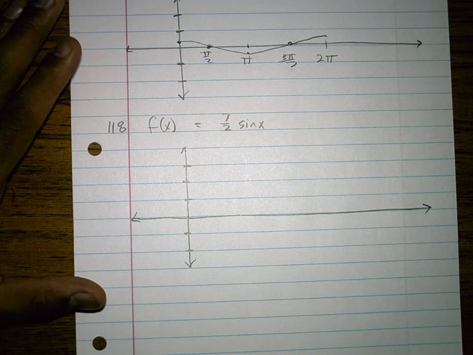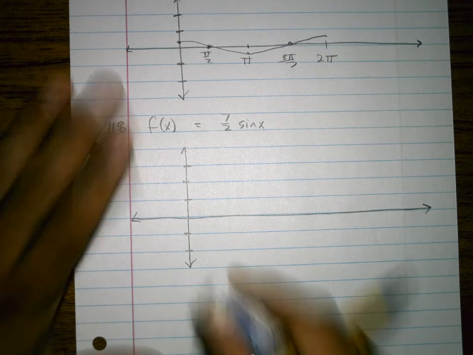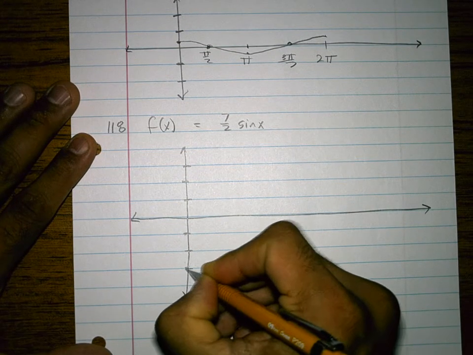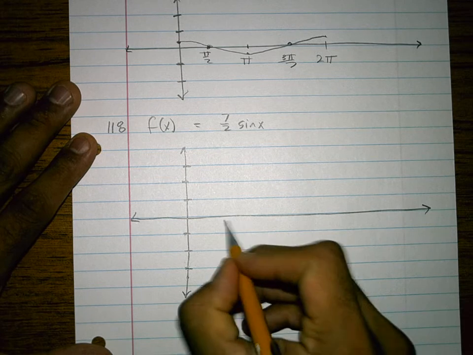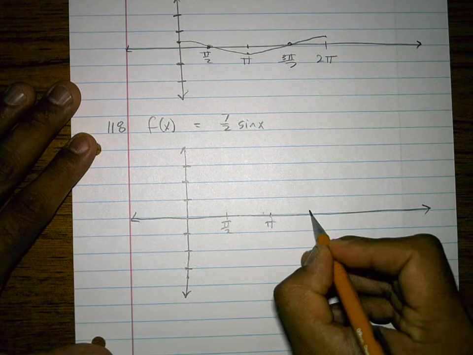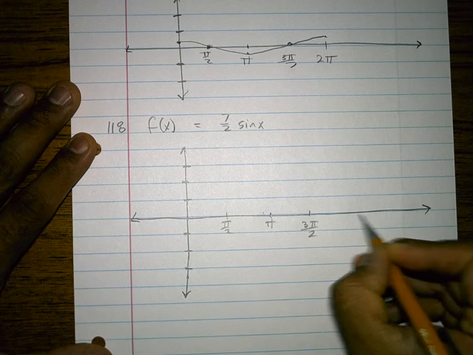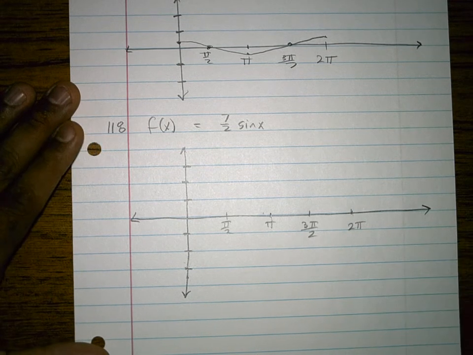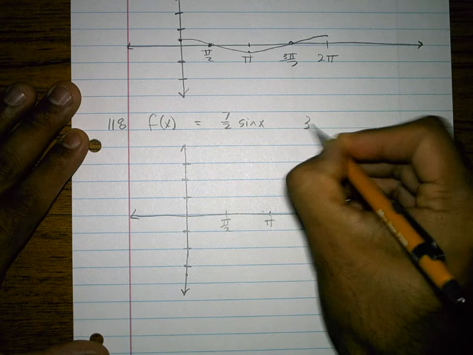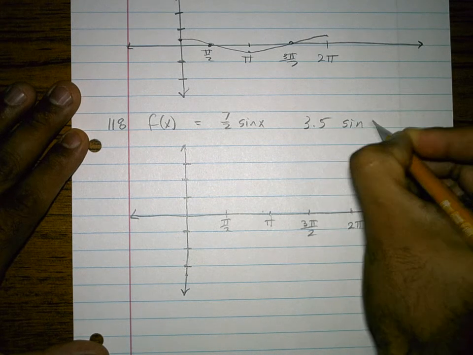Okay, so I'm going to actually make this a little bit longer here at the bottom. So there's, okay, and there's pi over 2, pi, 3 pi over 2, and 2 pi. Alright, so the amplitude is basically 3.5.